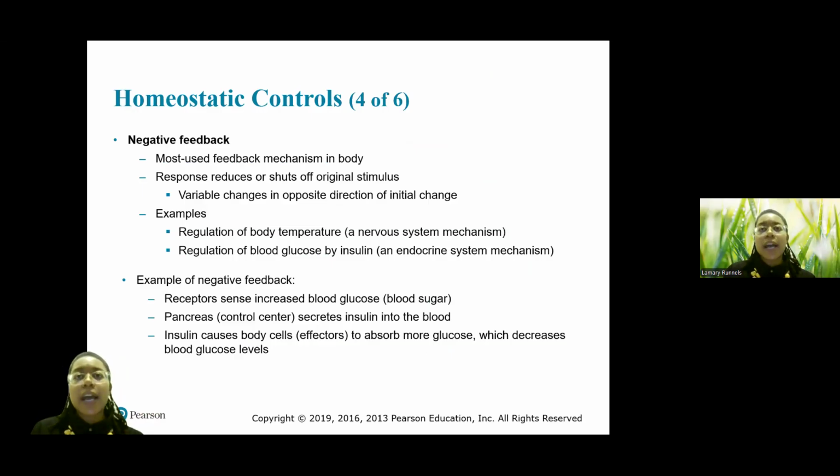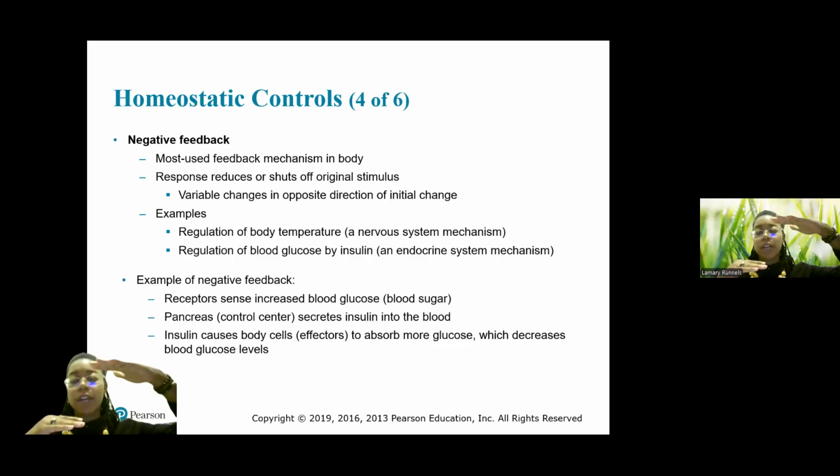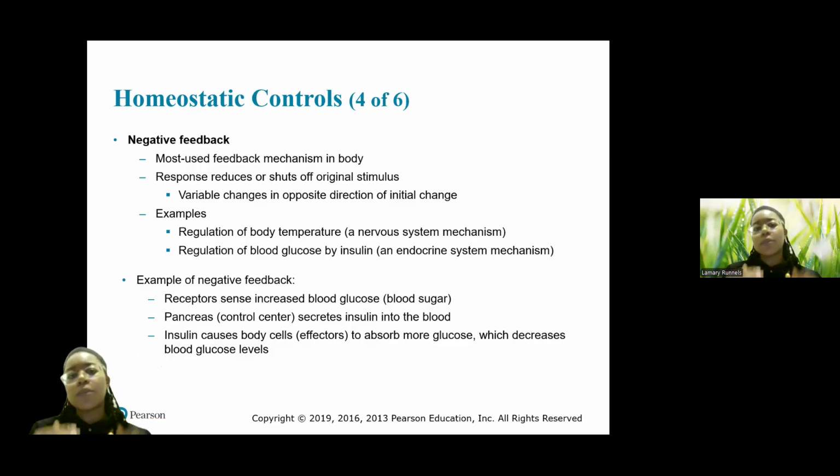If you go outside and it's hot, Texas heat, you begin to sweat. The reason you're sweating is because your body temperature has increased above that homeostatic range, and so your body begins to sweat in order to bring your body temperature back down to the homeostatic range or as close to it as possible.